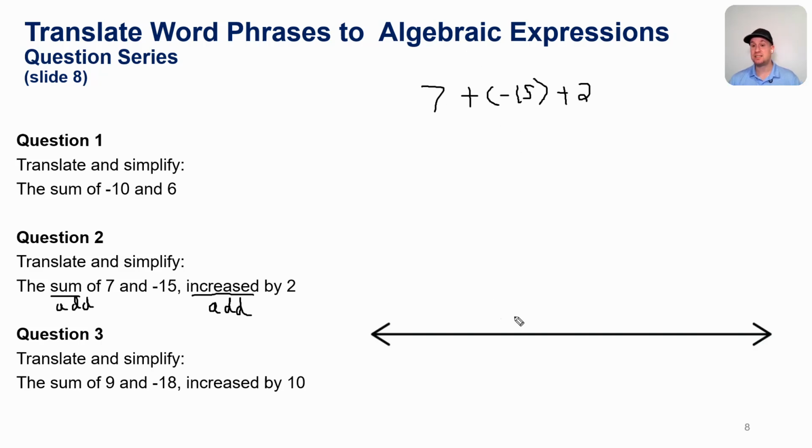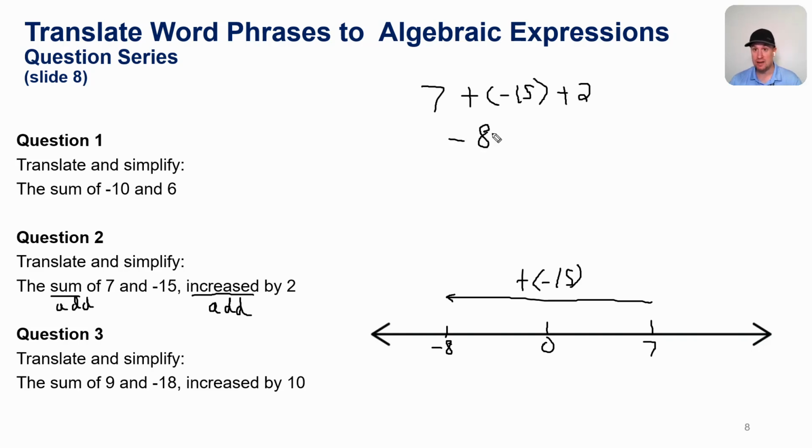So 7 plus -15. What's interesting about this though is if I start at 7 and I add -15 to this, this means I'm actually going back to the left on the number line, 15 units. So where I end up after doing this is at a -8 here. So I end up at -8 for the first two integers, I should say.